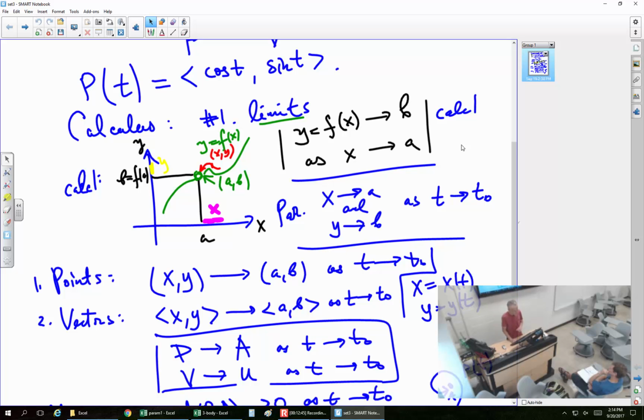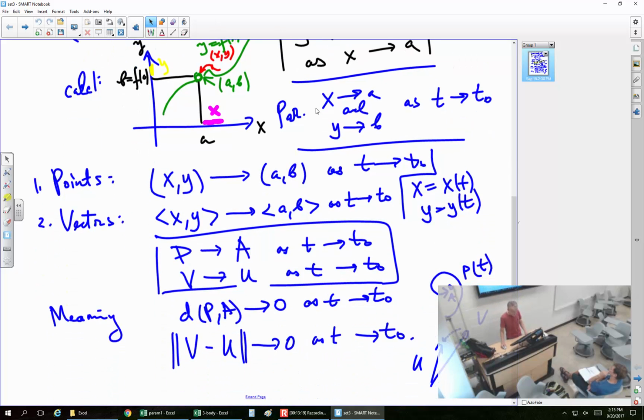Okay, so that's how we transition from one to the other. So it is to realize that x and y are possibly independently approaching two different values, and that if we put these two together, then the convergence will be either of points or of vectors towards either a point or a vector in that two-dimensional space, or high-dimensional space as well, and will look exactly the same.